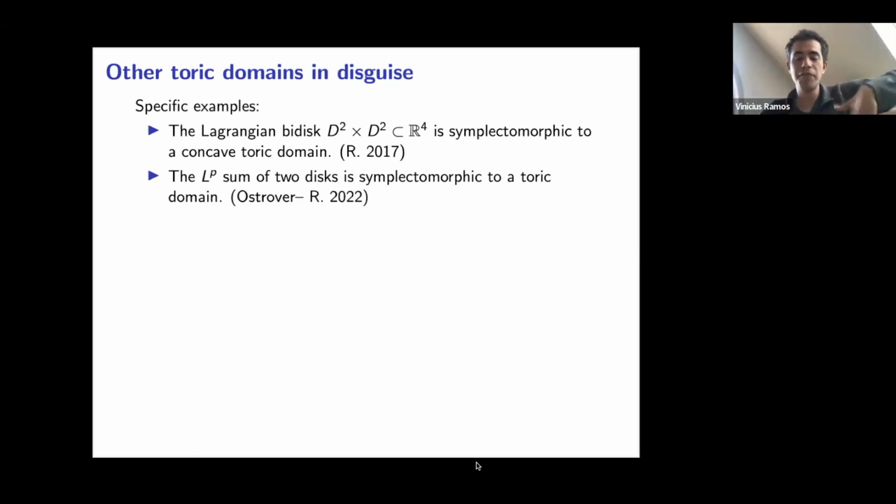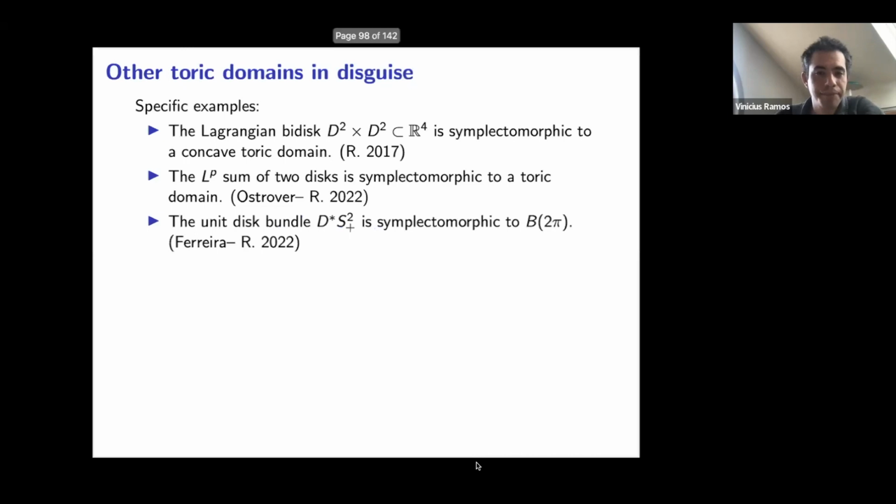But you can look at the whole family for all P's from 1 to infinity. For P equals 2, you have the ball. And for every P greater than 2, you still have a concave toric domain. And for P between 1 and 2, we actually have a convex toric domain. So it's interesting to look at that. And in our paper, we look at Gromov widths and embeddings into balls. So you can look at that if you're interested.